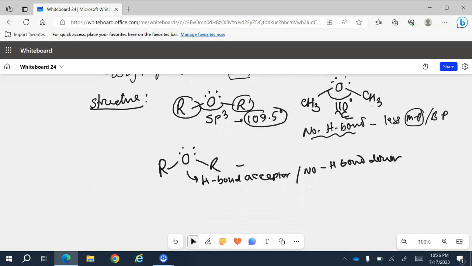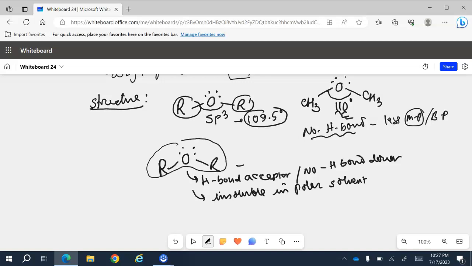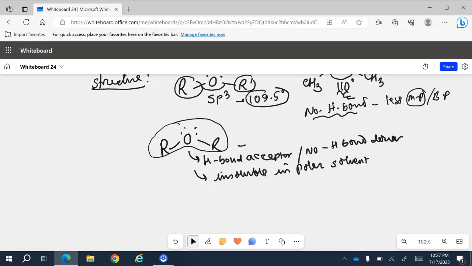And because of this lack of hydrogen bonding, these are usually insoluble in polar solvents like water or methanol. They will be insoluble. However, they will be soluble in non-polar solvents. And the ethers themselves, because of their inertness, can behave as a very good solvent, a very good solvent.